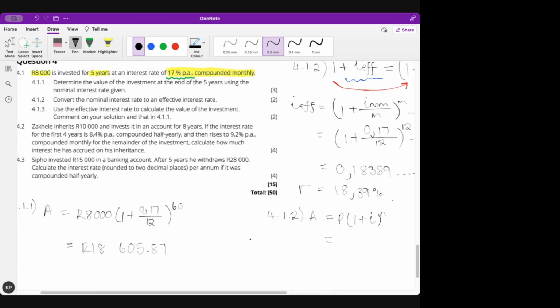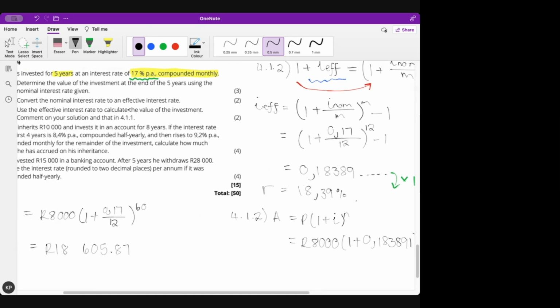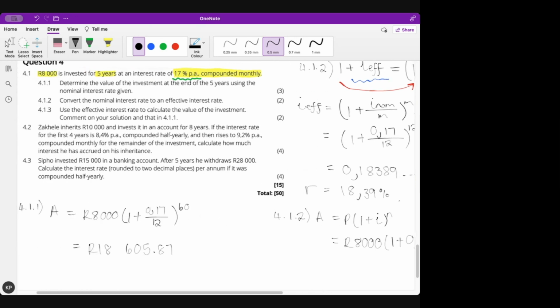So our principal amount was 8,000 rands, 1 plus my interest rate that I have now found, which is 0.18389, to the power of 5, because it was 5 years. Does it make sense, guys?